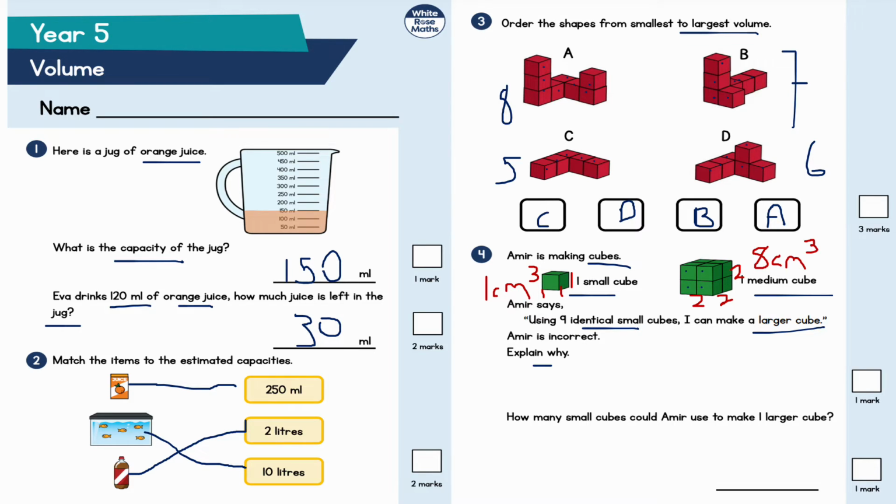If we try and make 9 identical, then it isn't going to be symmetrical. Because the next one is 3 by 3 by 3, which is 3 times 3 times 3, which is 27. If I have 9 small cubes, it doesn't make a larger cube. So 9 is not a cube number, basically.